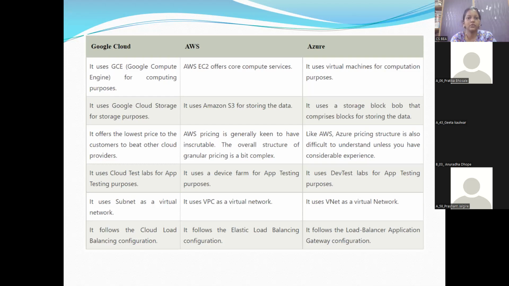If a question related to this is asked, you can answer with these difference points or this particular table. Okay, it's 11:30 now, so we will stop here.